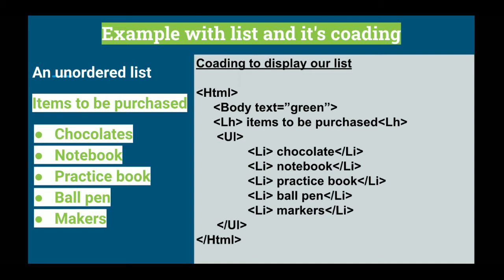In one LI you can specify only one list item. Here we have 5 list items, so how many LI are required? 5 LI. LI and UL are all paired tags, so opening and closing tags must be there. First we have listed here LI and chocolate.